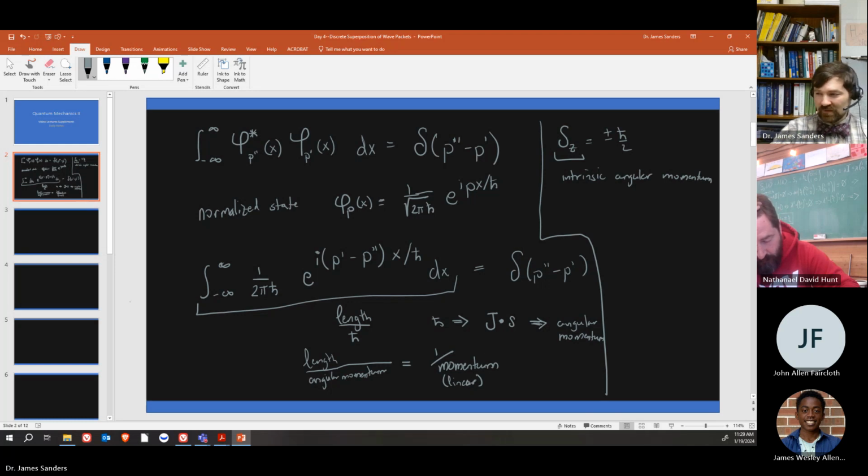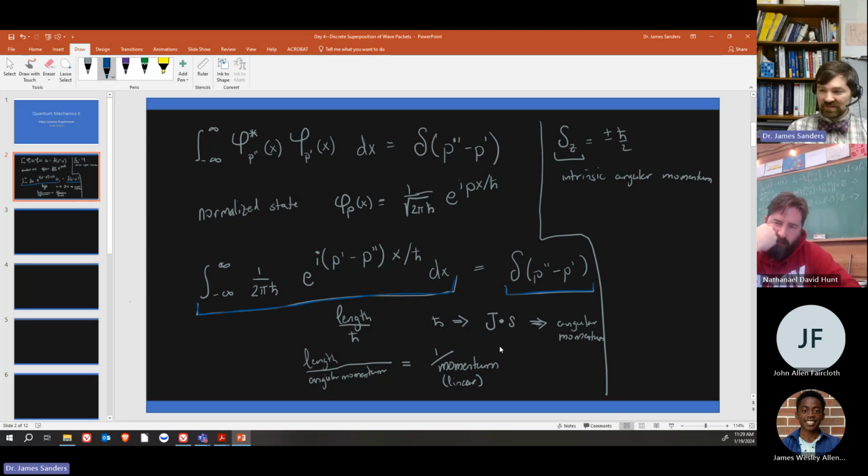Since P double prime and P prime are both linear momenta, the implication is that the right-hand side, this Dirac delta function, and the left side have to have the same units as each other.